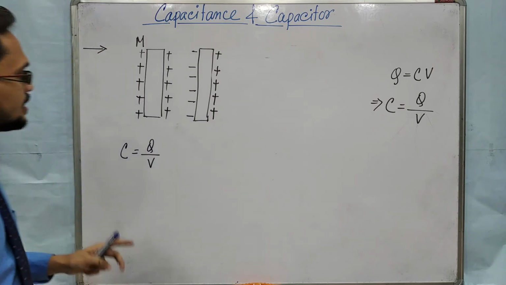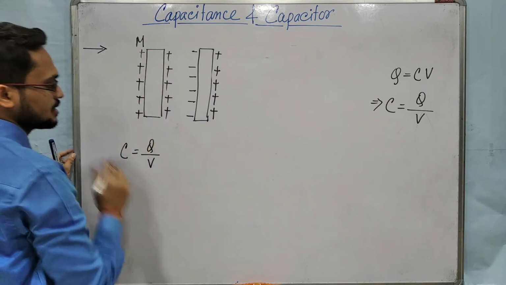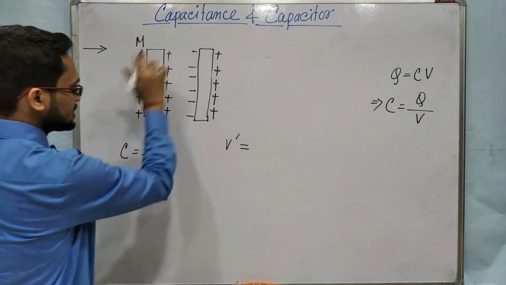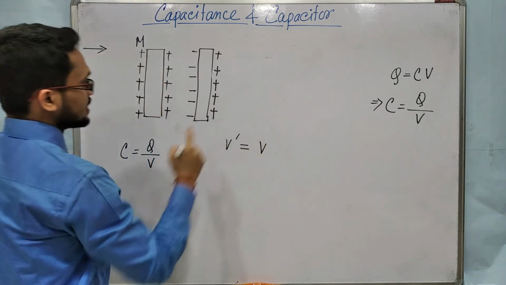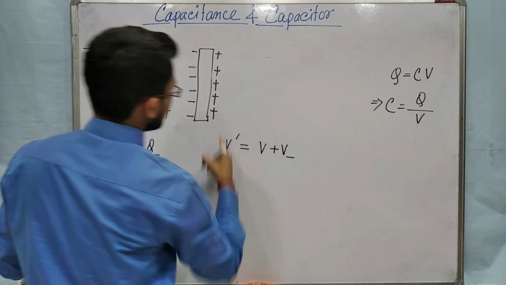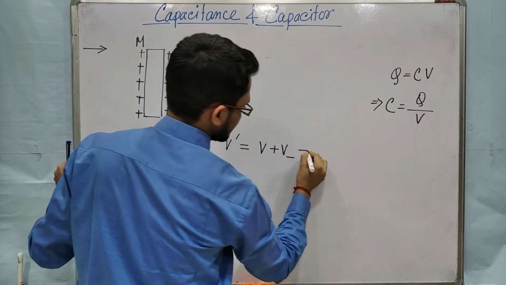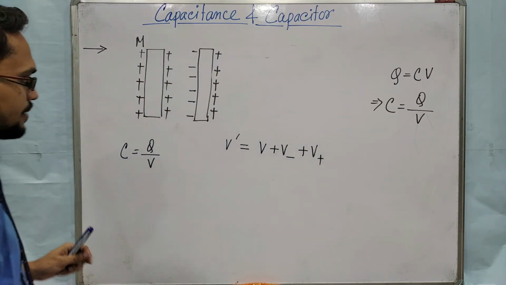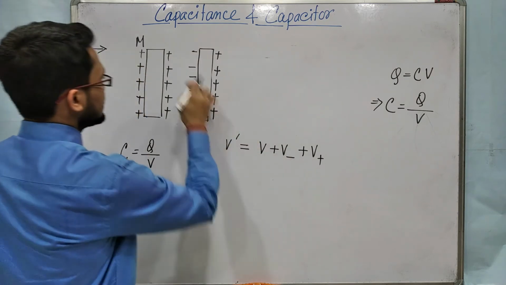Now what will be the potential on this conductor? The potential V prime will be the potential due to this charge, that is V, then the potential due to this charge, that is plus V minus, and then the potential due to this charge, that is plus V plus. Look at these two things.